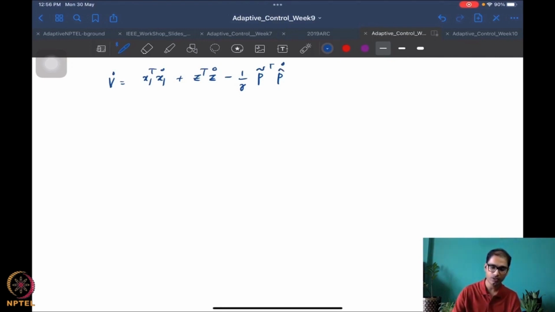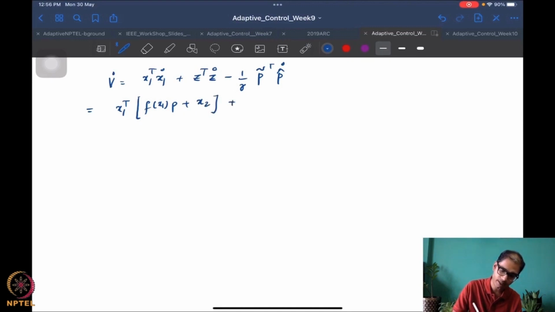Okay, this is of course using the definition of p tilde. So now I'm going to substitute for the dynamics. So x1 transpose is f x1 p plus x2 plus z transpose z dot, and I'm going to copy and paste this here.